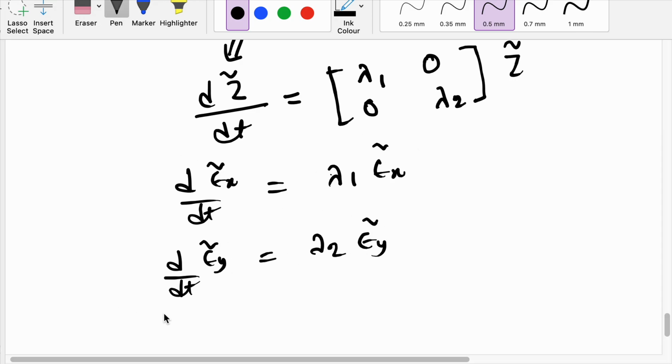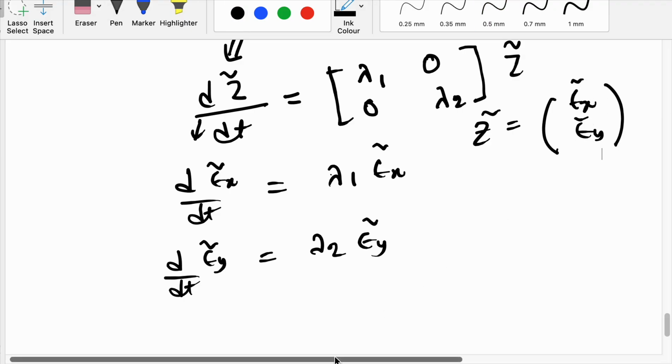Here, j tilde is nothing but epsilon x tilde, epsilon y tilde. Is it clear? Yes.